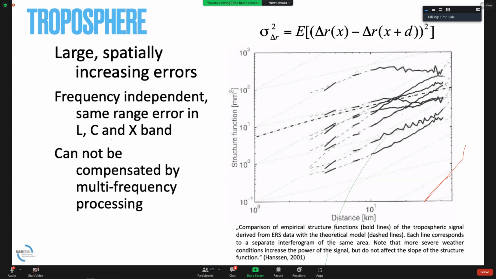So it is spatially related. It's not just some noise, it is a spatially related noise, which gives us the opportunity to correct for it within the data, because we know that this kind of error is spatially related.